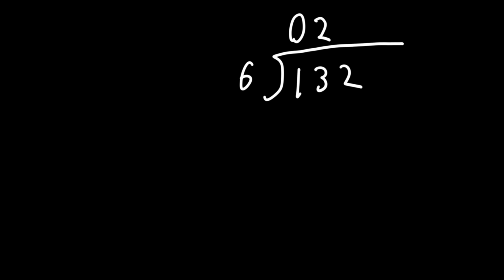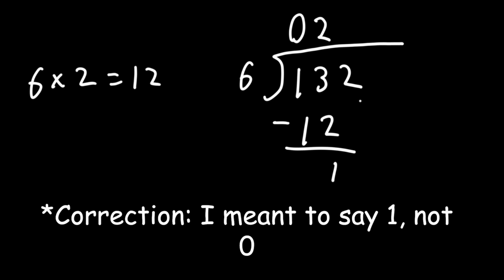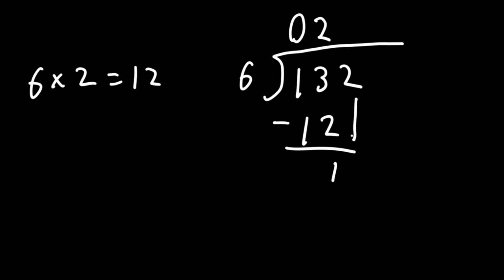And in this case, that would be 6 times 2, which equals 12. So we have to subtract this by 12. 13 minus 12 just equals 1. And now we have to drag down the next number.